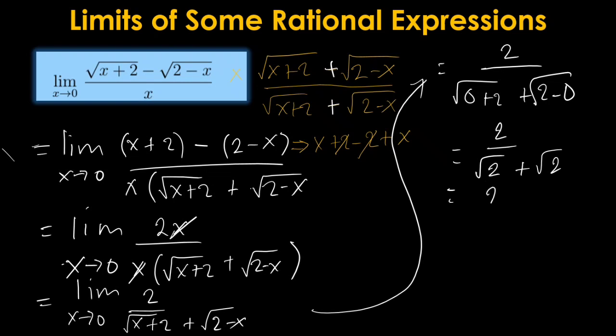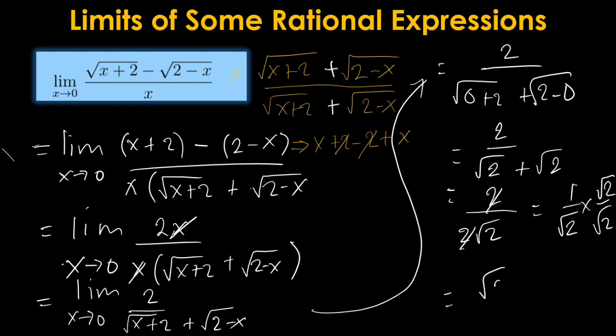We can add this, it becomes 2 square root of 2. 2 is common, so this is now 1 over square root of 2. We can rationalize it by multiplying square root of 2 to numerator and denominator. So this is now square root of 2 over square root of 2 squared, that's 2. So this is the limit of this expression.